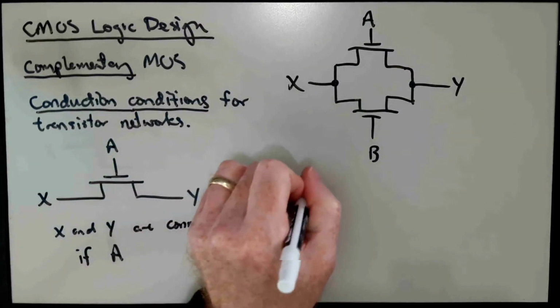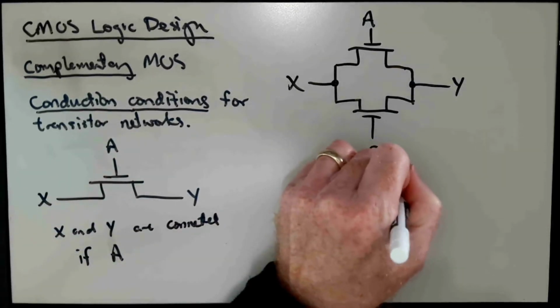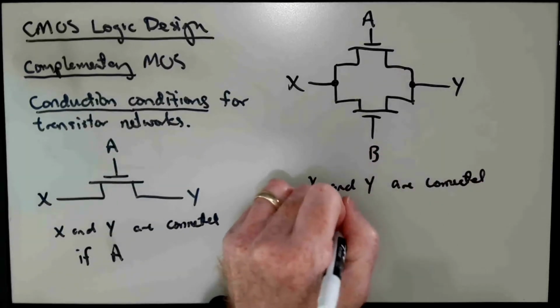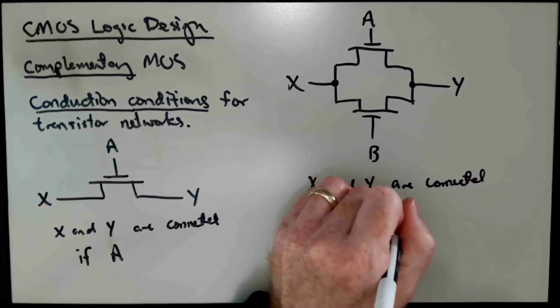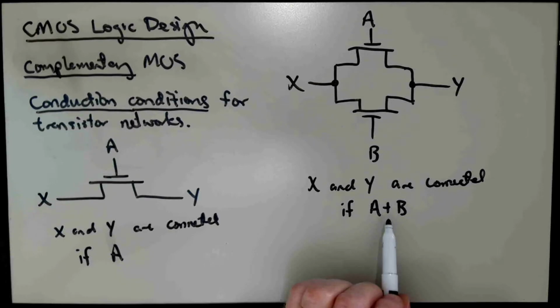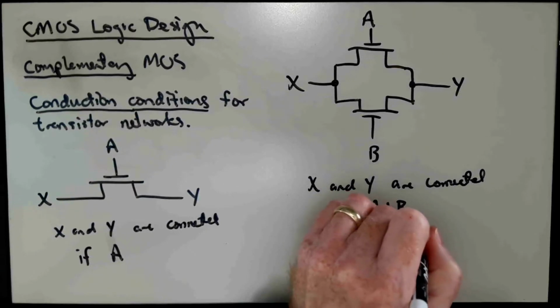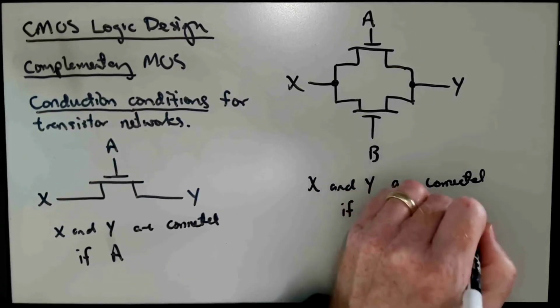So here, X and Y are connected if A or B. The notation we're going to be using is very typical for what you'll probably see in computer architecture, where here plus means disjunction, or logical OR.